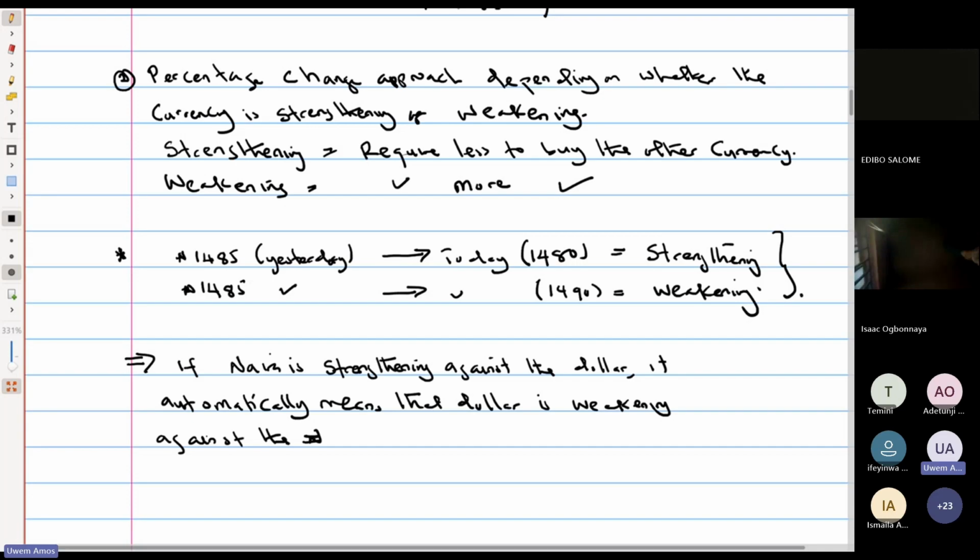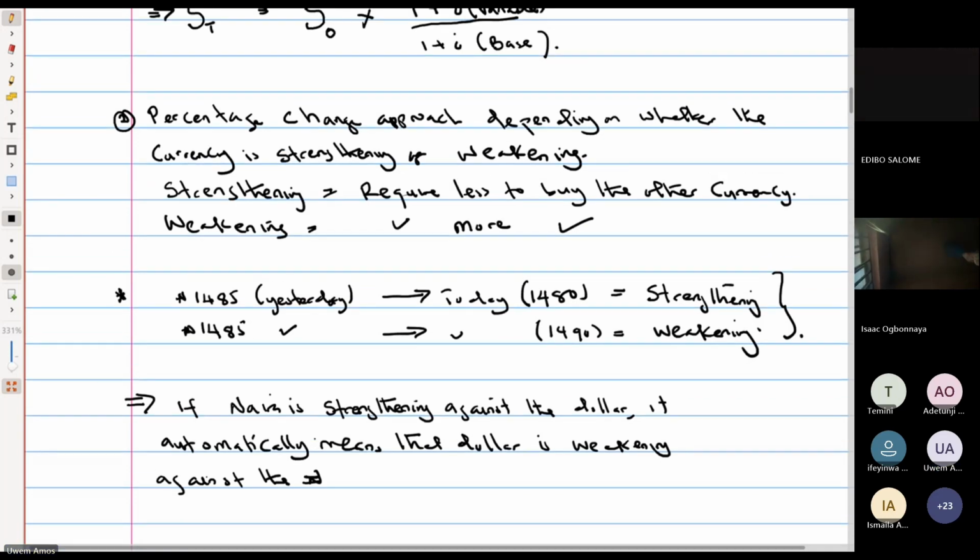So how do we do our computation with percentage change? Now, if it is strengthening, because you need less, our approach will just be 1 minus the rate. We then multiply it by the exchange rate at the beginning of the period. That is 1 minus the percentage rate at which it is strengthening.